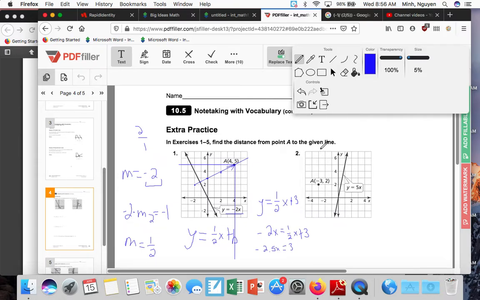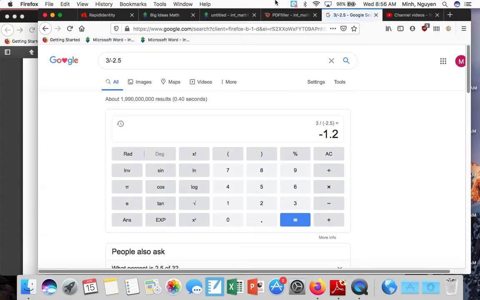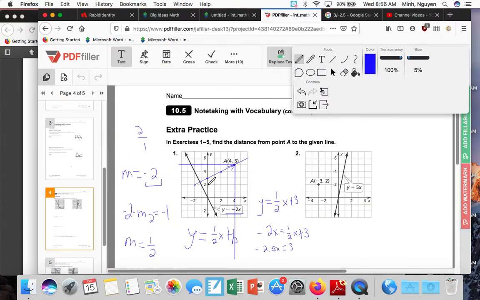To get x, I take 3 and divide it by -2.5. 3 divided by -2.5 is -1.2. So -1.2 is the x. Then I can plug it into either equation to get y. So y equals -2 times -1.2, which is positive 2.4.